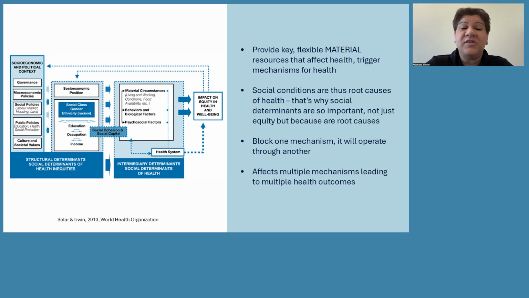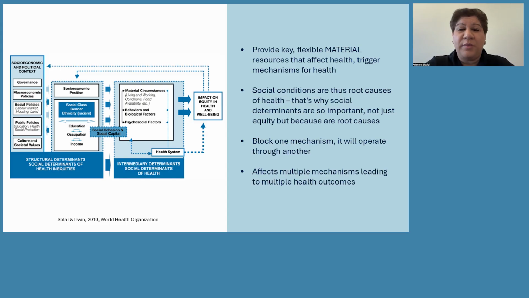So social conditions are important. Social determinants of health, as they are often called, are important because they are at the root end of almost every mechanism leading to almost every health outcome. So they aren't just another determinant. They actually activate the other determinants of health.